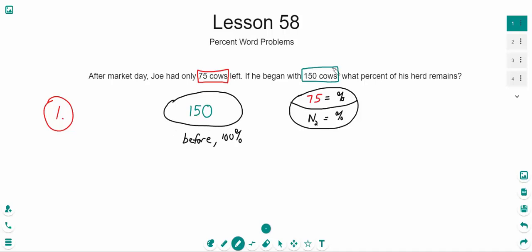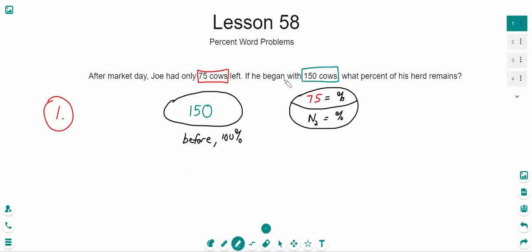So at this point, we've pulled out all the numbers that we could from the problem. So now we have to use our mathematical tools to discover what these other unknowns are. So we have to discover what this percentage is, what this percentage is, and what this number is. 3 things that we need to fill in for this diagram.